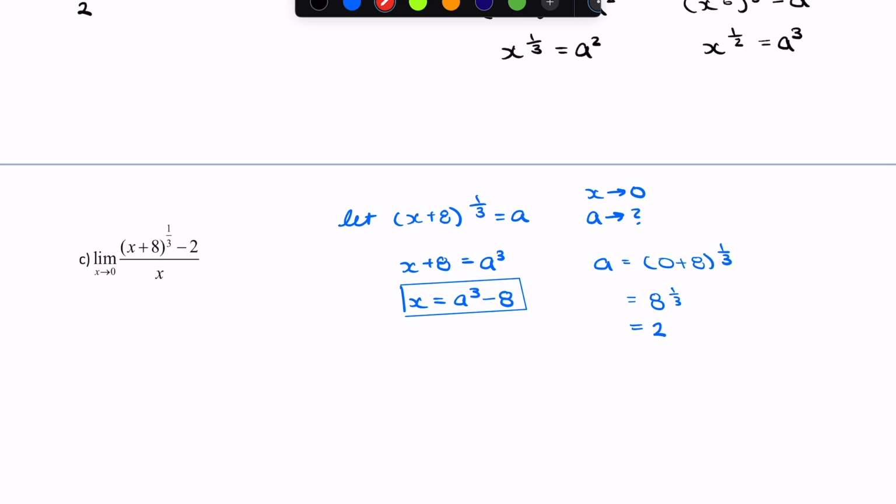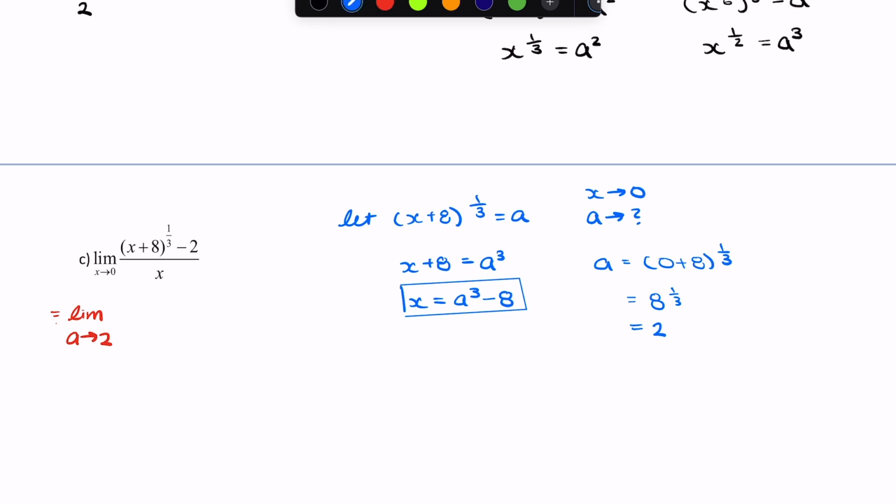We get the limit as a approaches 2. And here we see again that our x plus 8 to the power of 1 over 3 will be equal to a.